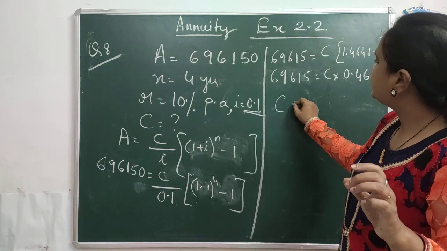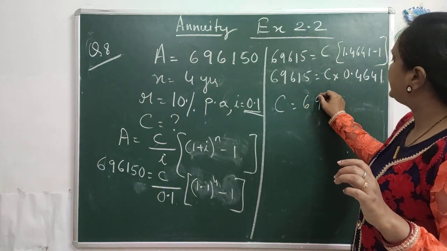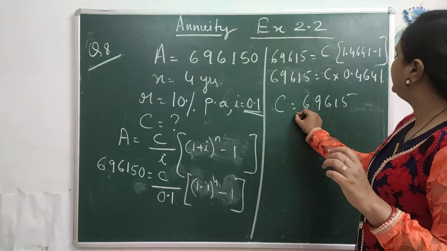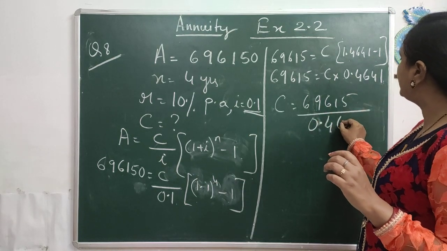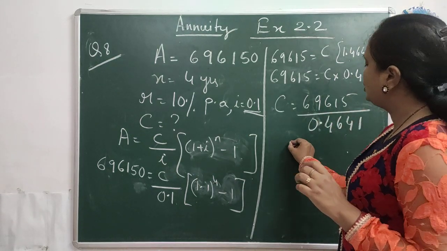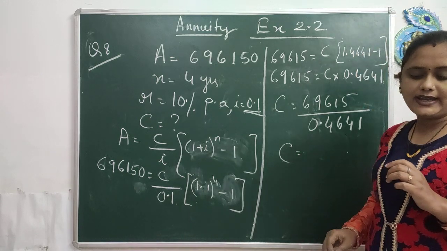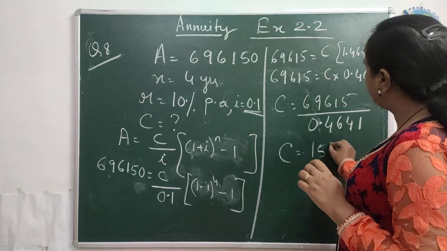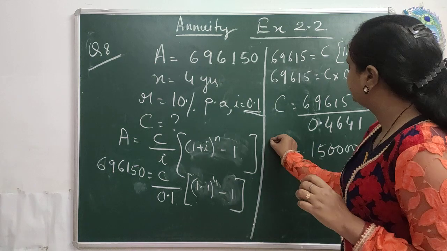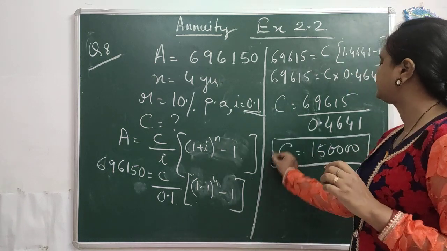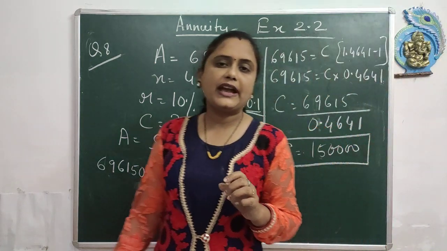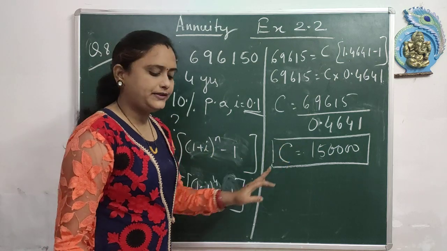Now for finding C, simply you have to divide like this. So C is equal to 69615 divided by 0.4641. So your value of cash flow is 1,50,000.